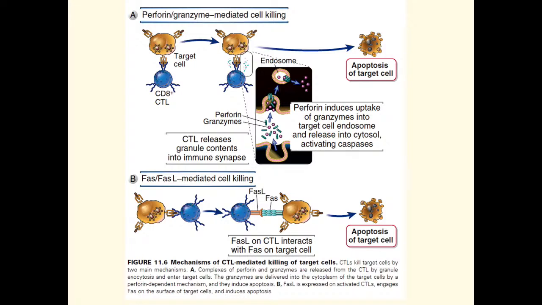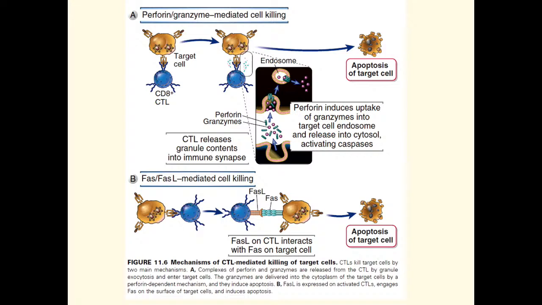Therefore this apoptosis pathway is also important for T cell elimination itself. Those T cells express Fas ligand, and they lead to death of themselves, in order to avoid too many cytotoxic T cells in our system.